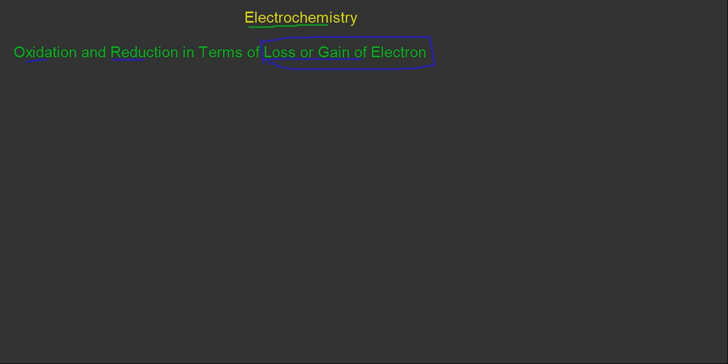In chemistry, there are many chemical reactions which do not involve oxygen or hydrogen, but they are considered redox reactions. Now, in order to deal with these reactions, the new concept of loss or gain of electrons is used.